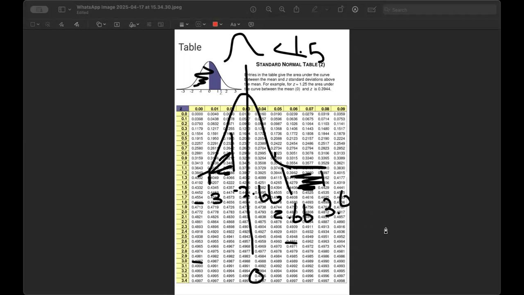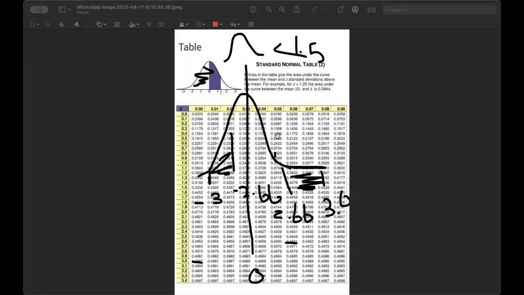From the table we read 0 to 2.37, and I think that would be 0.4911. 2.37. Is it though? 0.4911.